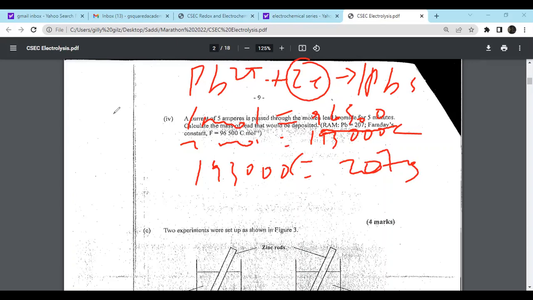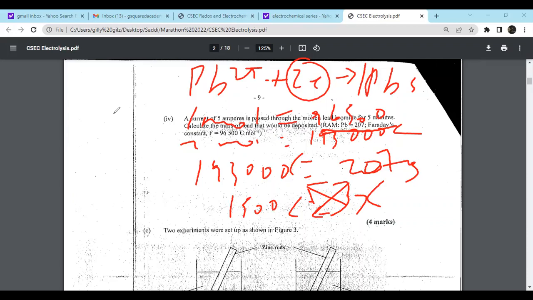But the question is saying, if 1,500 coulombs was being run, how much lead would this produce? So you would now say 1,500 coulombs is equal to X, and then you cross multiply. X is equal to 1,500 coulombs times 207 divided by 193,000 coulombs.